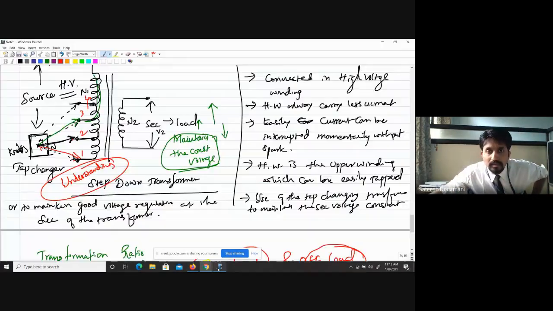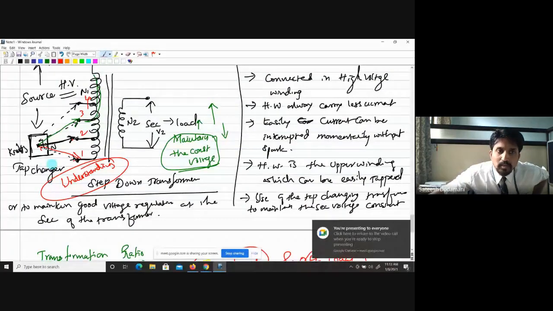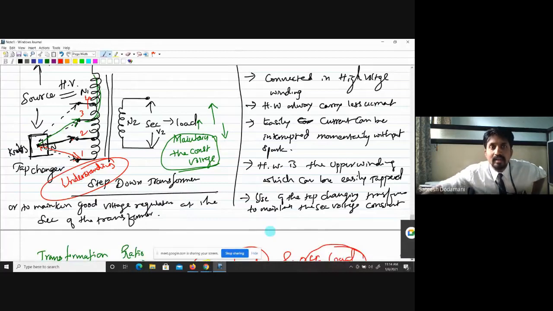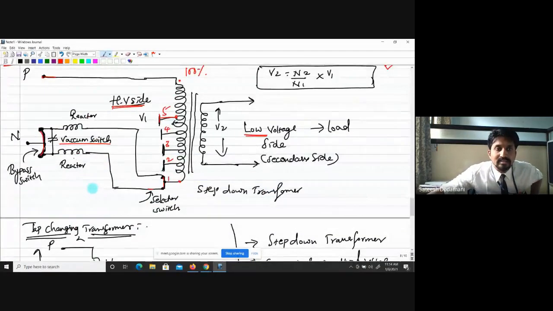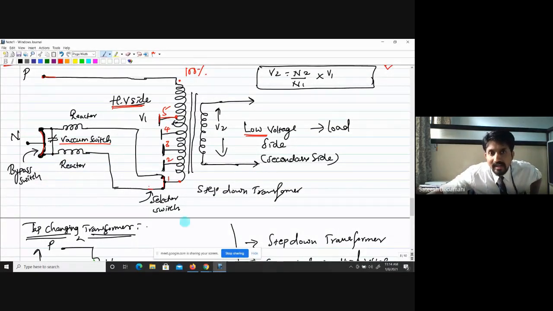For concept level, I have shown only the box, what it consists of and what all things are there. These are the things involved. Reactors are there. Bypass switch is involved. Vacuum switch is connected, and the selector switch is available.